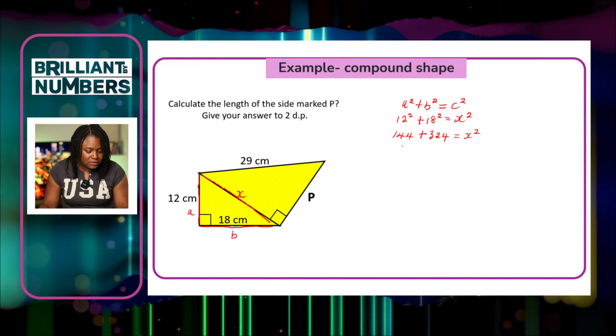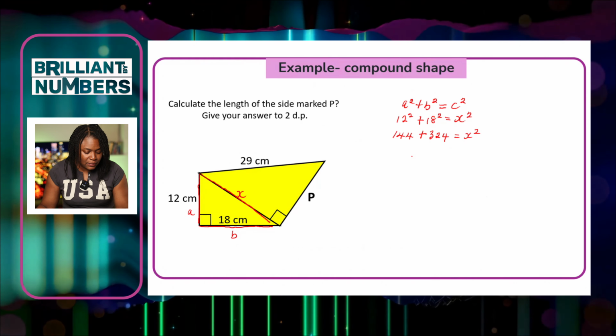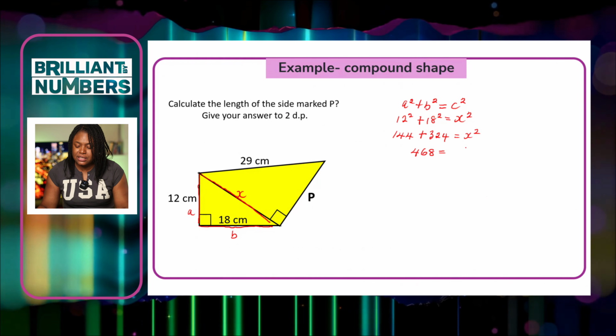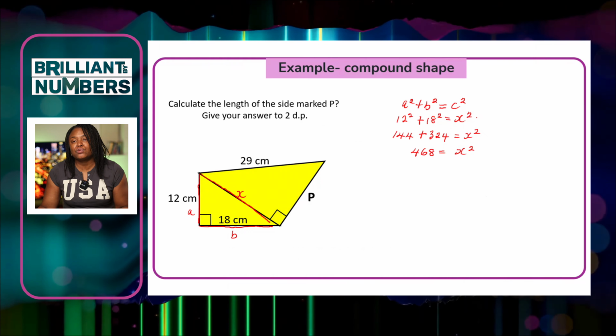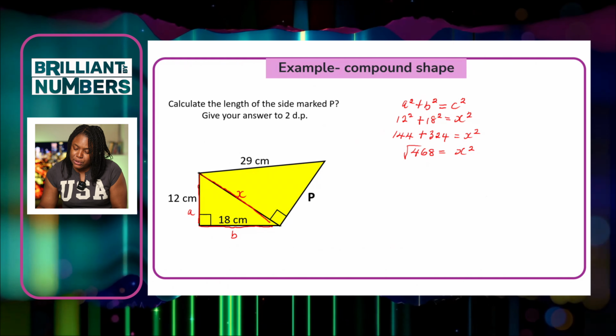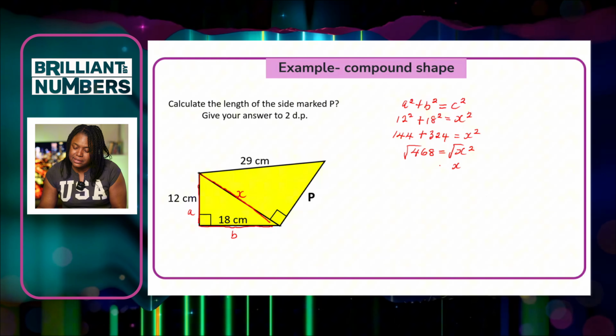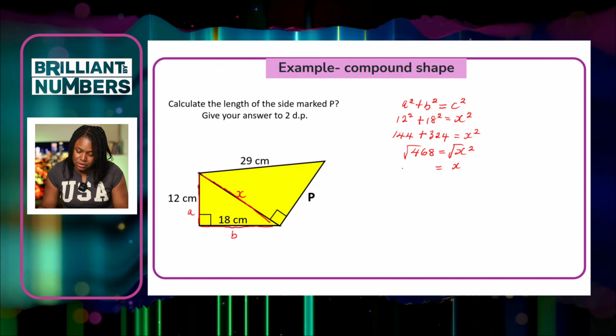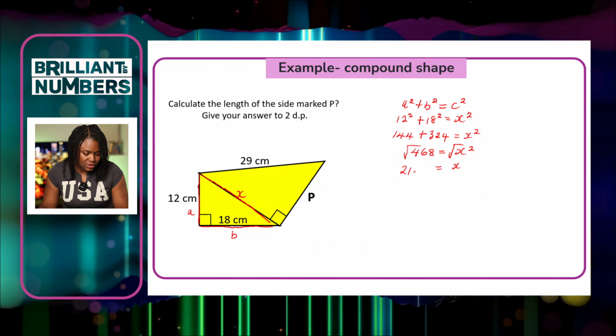Adding them together, I'll just add 144 to that, I get 468. So now I just need to do the square root. So square root in both sides, I get x to be equal to the square root of 468. I'm just going to leave my answer to 2 decimal places as the question said.